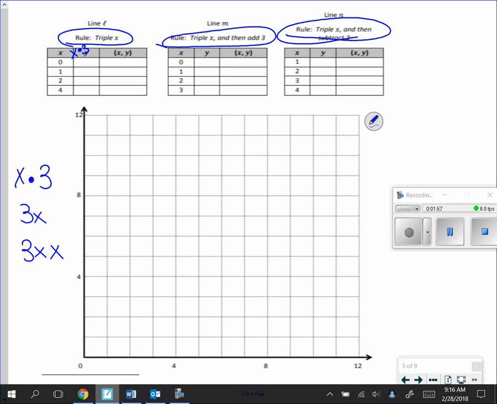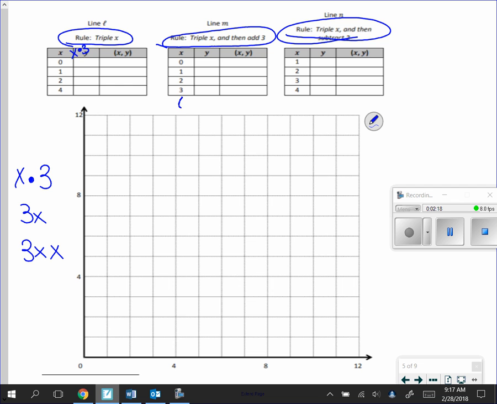Triple x, and then add 3. So what am I going to have to do to figure out my y's? Stop solving it, Rory. So what am I going to do right here to figure out what my y coordinates are? Bailey, what do I have to do? Multiply by 3.